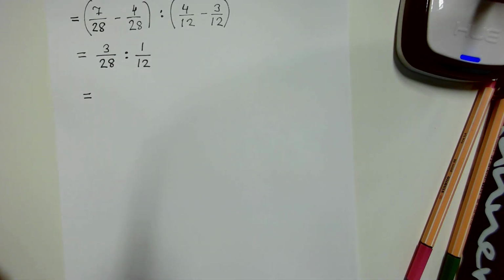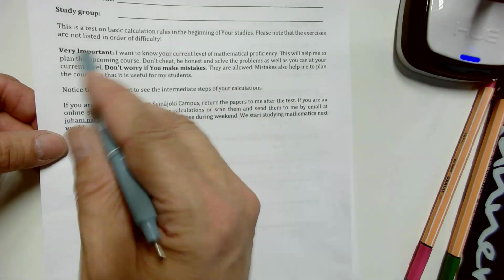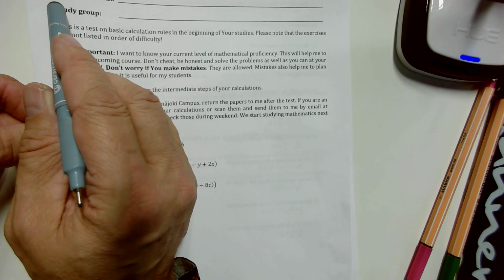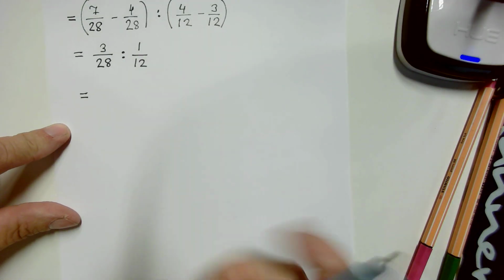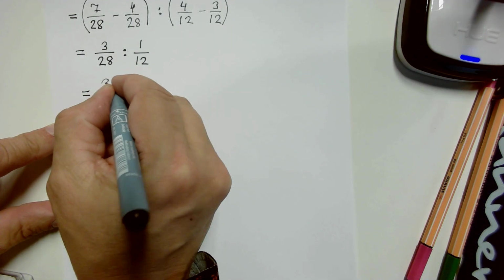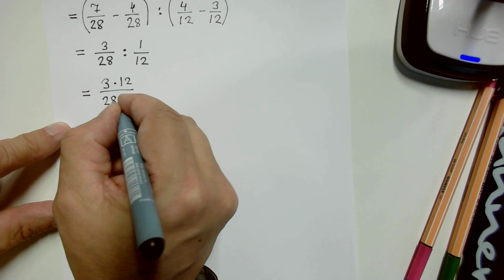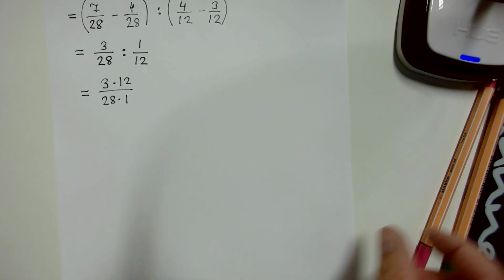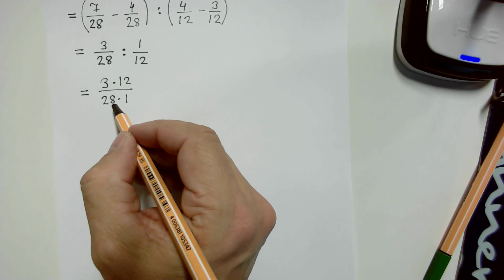As I said, the way we read Western text is from the top left to the bottom right. This is the first direction. 3 times 12 divided by 28 times 1. And we have here 12 and 28.